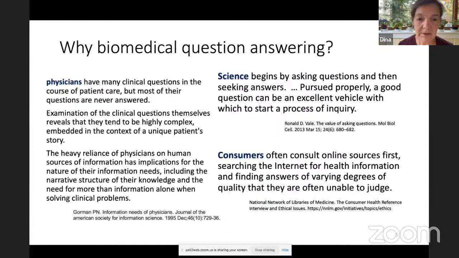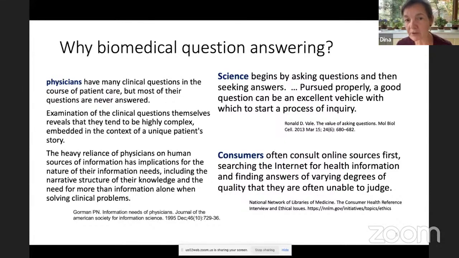And they then did a very nice study looking at why are these questions going unanswered, and the main conclusion back then was that the information has to be delivered to the point of service when the clinicians need it.